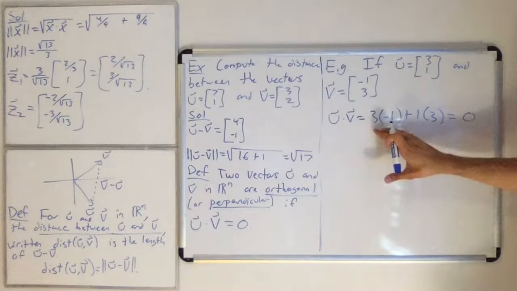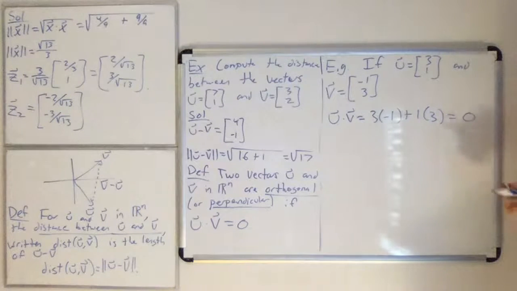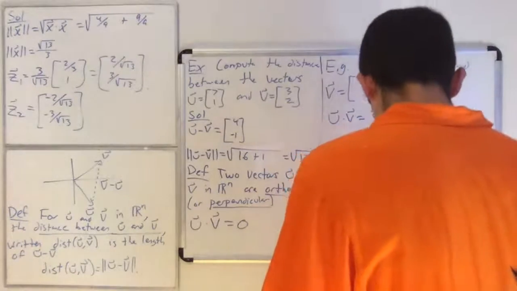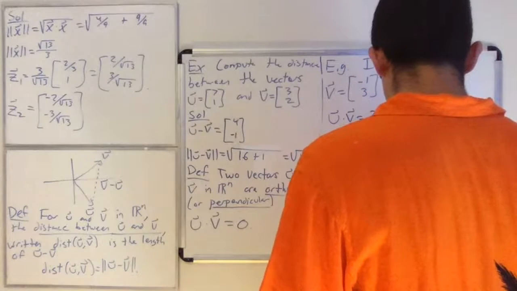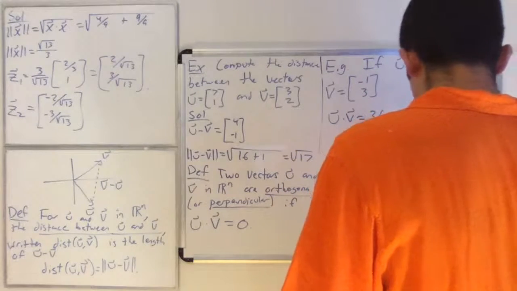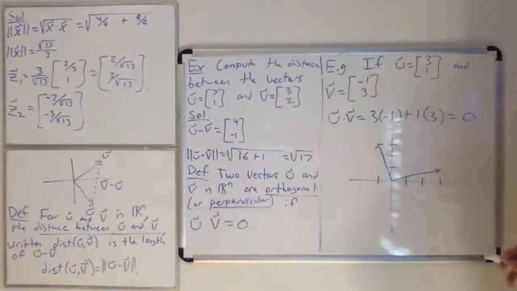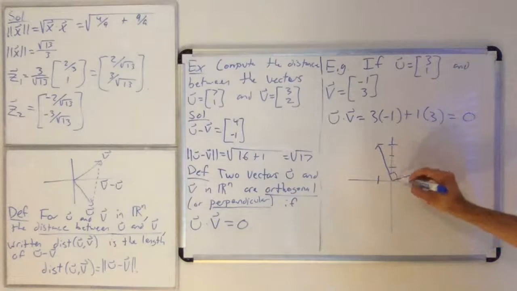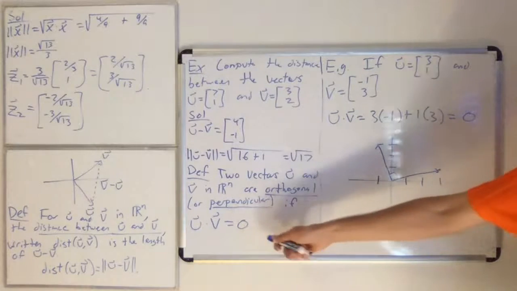Right? We have negative 3 plus 3 equals 0. But if we were to graph these in the xy plane, you can see my drawing is not perfect, but it appears that they actually do meet at a right angle. And we'll see with a little more detail that this is a good definition.